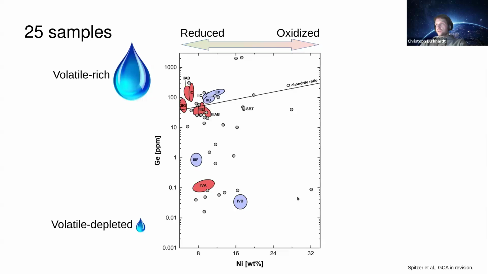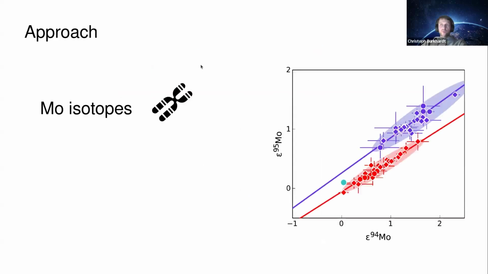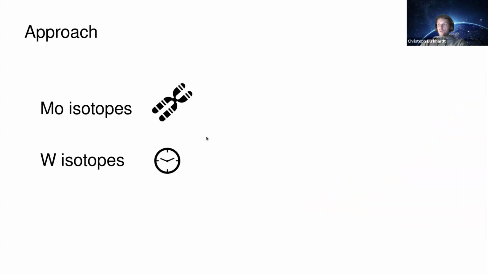And if we take nickel content as a first proxy for core formation conditions, then more nickel means more oxidized core formation and less nickel, more reduced core formation conditions. And the approach was to measure molybdenum isotopes to see if they all adhere to the NC-CC dichotomy, and also get timing information about when the parent body formed.